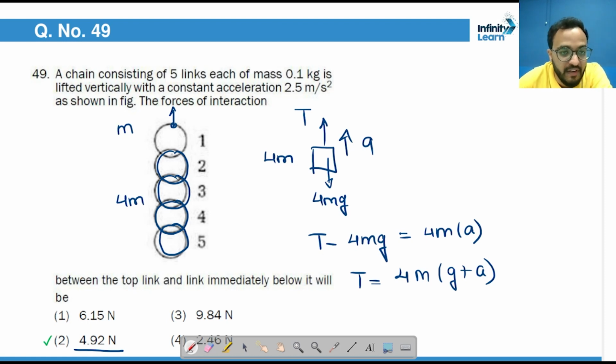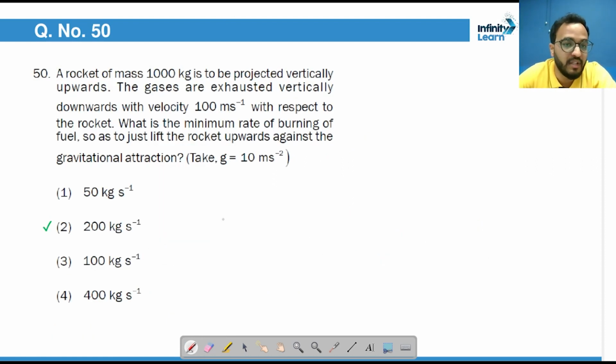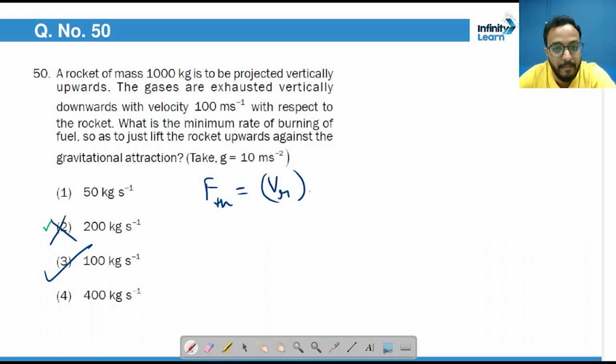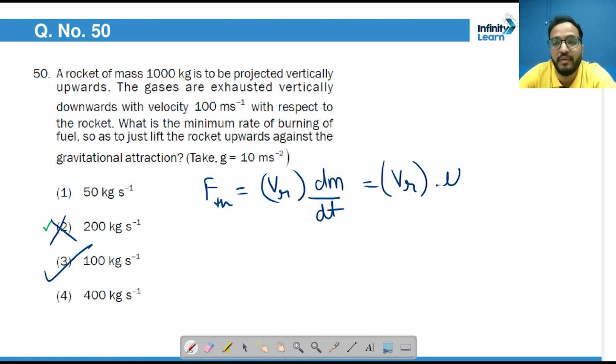Because the tension between the first ring and second ring is responsible for pulling up all these 4 rings together. Got it? Now the next one. This answer is wrong, the third option is correct. The formula is that the thrust force is equal to relative speed into dm by dt, or we say the rate of burning of fuel.